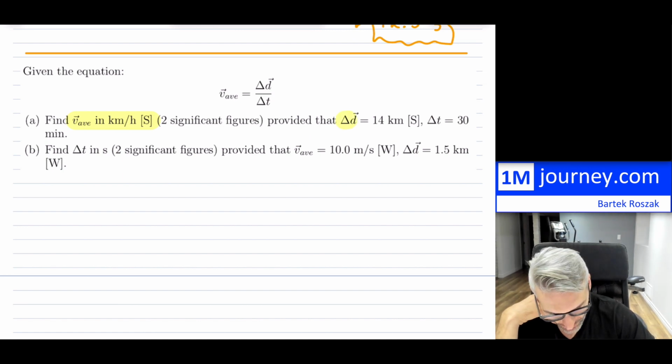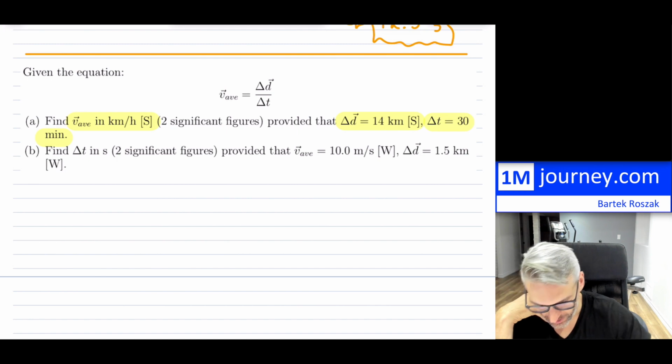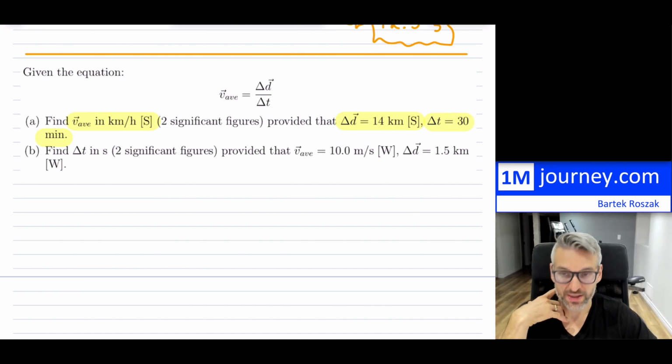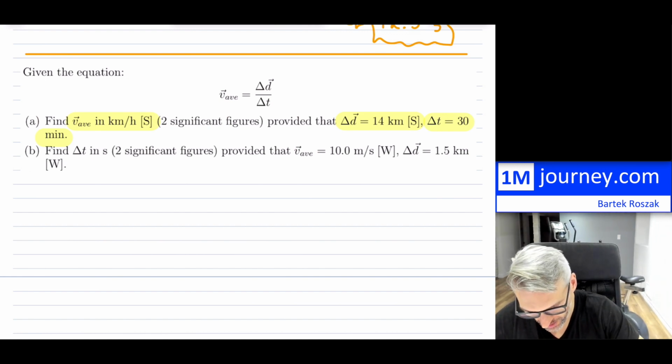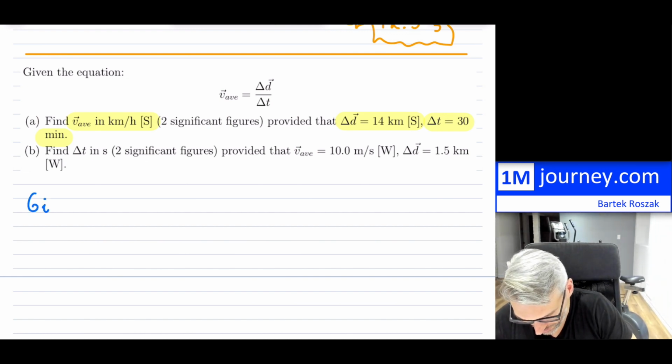Now, notice that the units are supposed to be in kilometers per hour, and they do not give us the time in hours. They give it to us in minutes. But this shouldn't be that big of an issue for us.